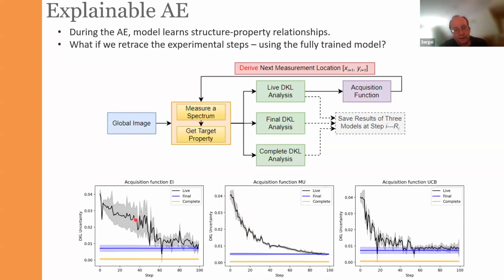Now, the important thing is what the black line and the uncertainty of the black line mean. Remember that when we have the deep kernel learning model, the way that we analyze it is that we take our image patches, and for each image patch or each object, we calculate the prediction and uncertainty.